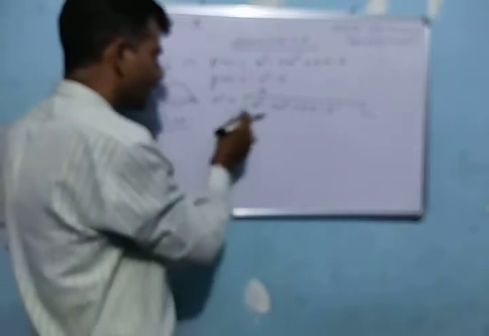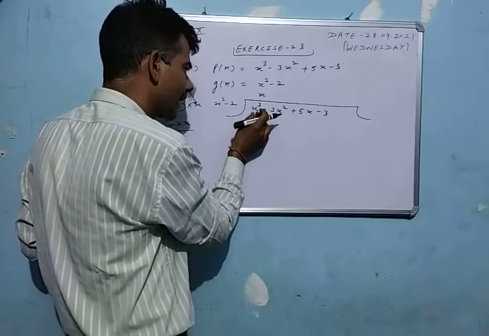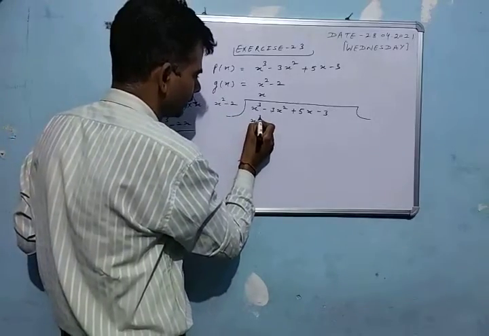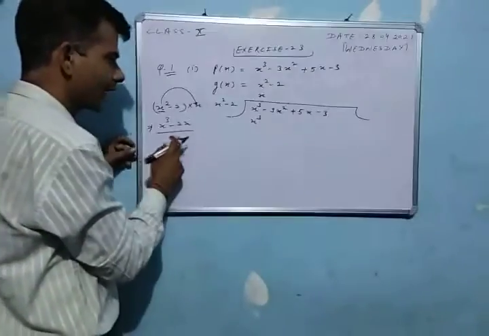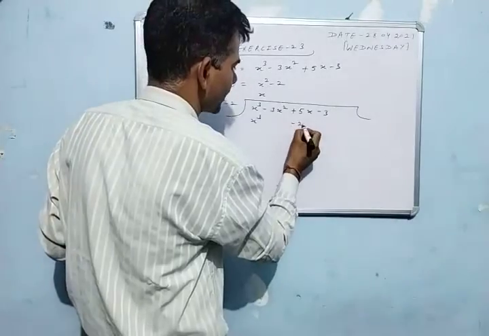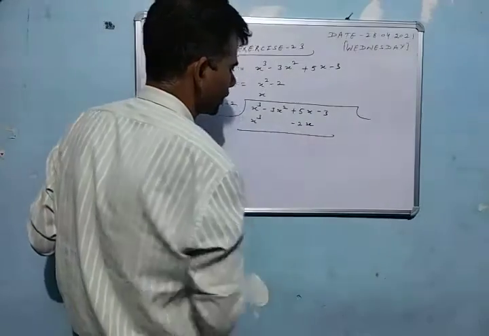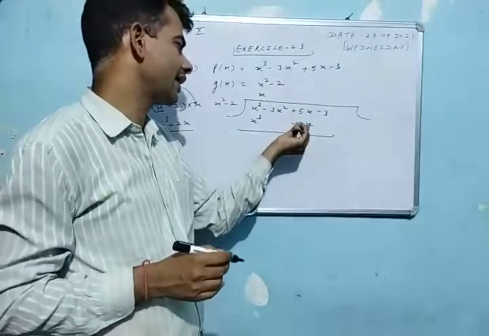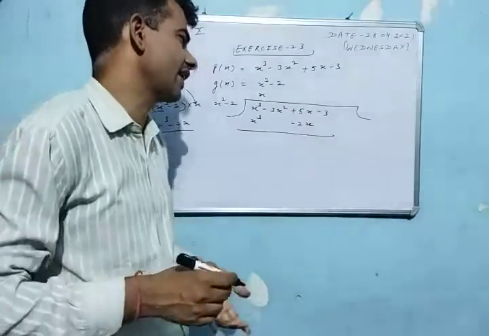Now, students, like terms go together: x cube with x cube, x square with x square, x with x, and constant with constant terms. Minus 2x is a like term with 5x.